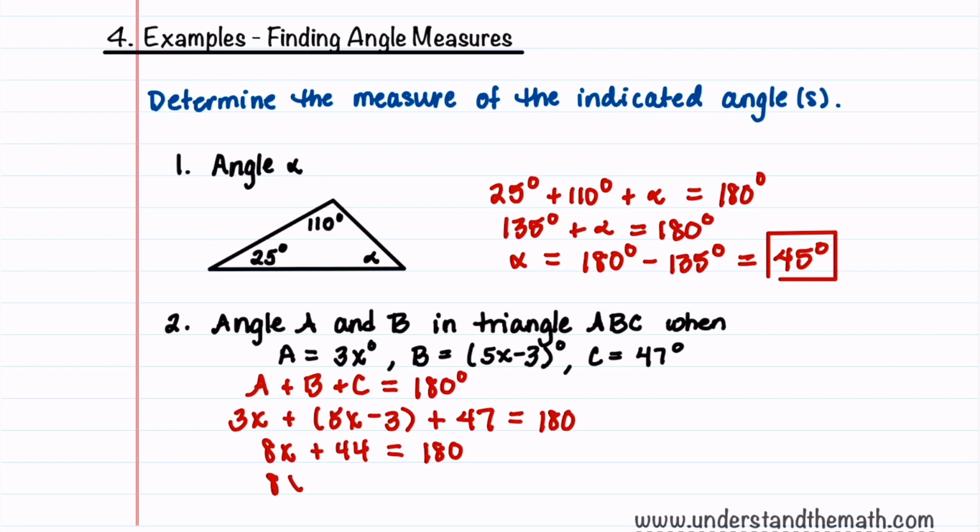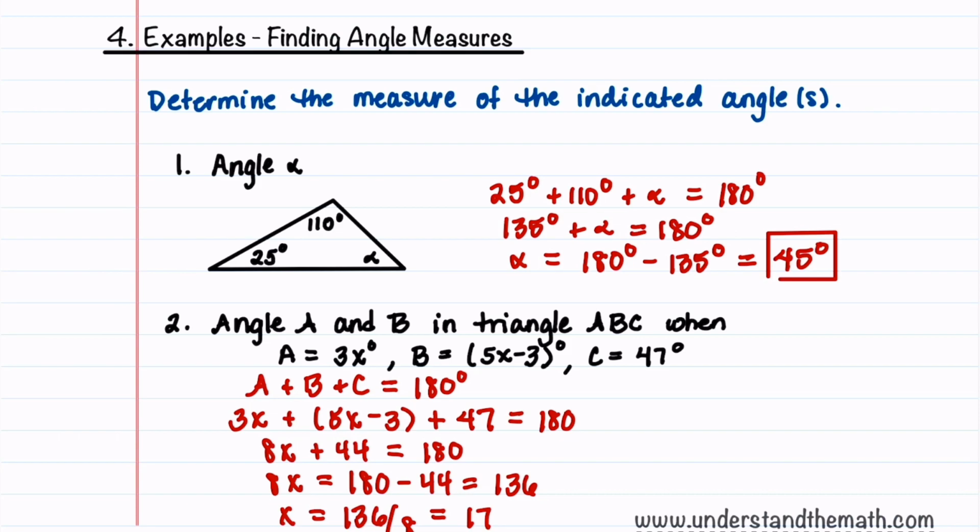So that gives us 8x is 180 minus 44, which is 136. We'll now divide each side of the equation by 8. So we have x is 136 divided by 8, which is 17.